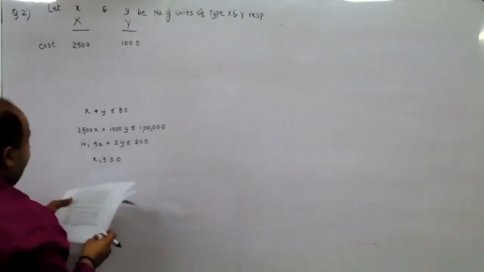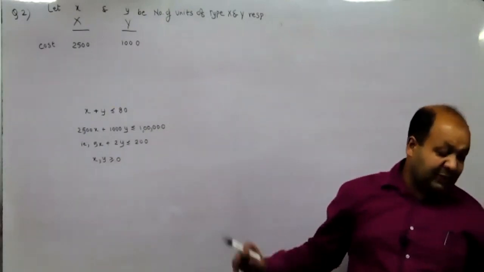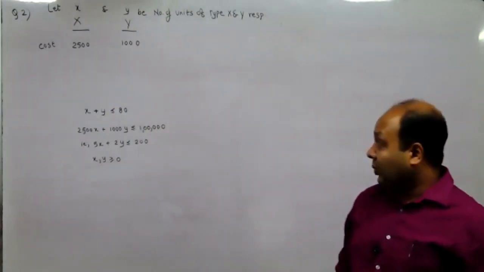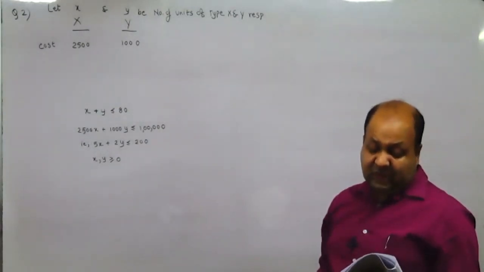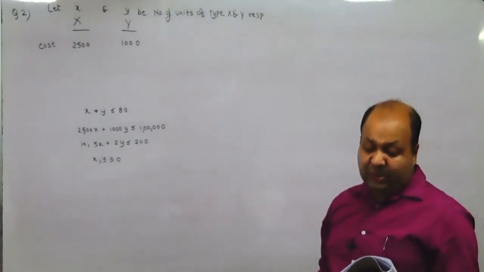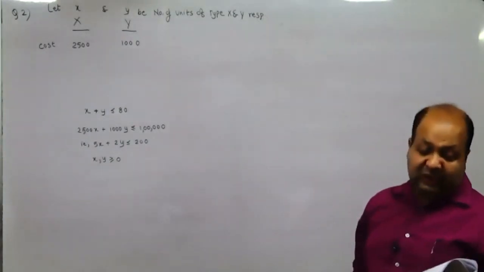Construct the LPP and find the number of units. Now this is the LPP. Our objective: construct the LPP and find the number of units to be purchased. But the objective itself is not given.